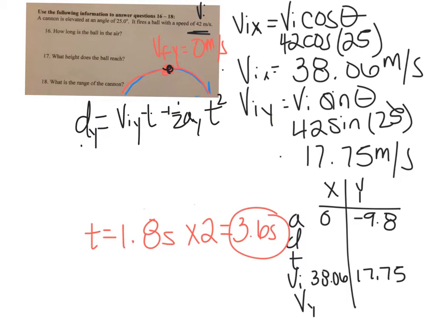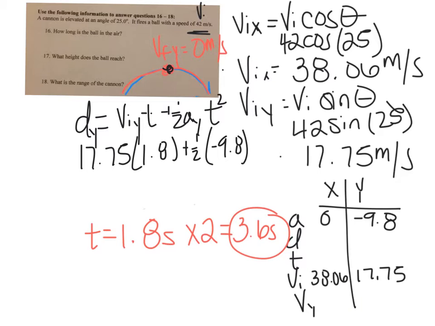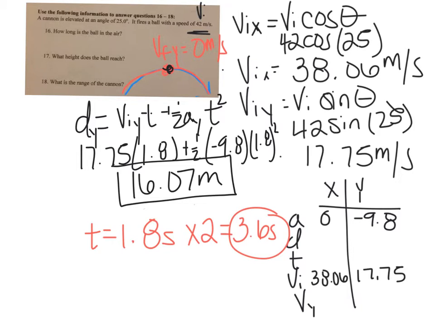So you've got 17.75 times the 1.8 plus 1/2 times negative 9.8 times 1.8 squared. When you plug all of that in your calculator, you should get 16.07 meters or something close to that. So your cannonball is going to reach a height of 16.07 meters before it starts coming back down.